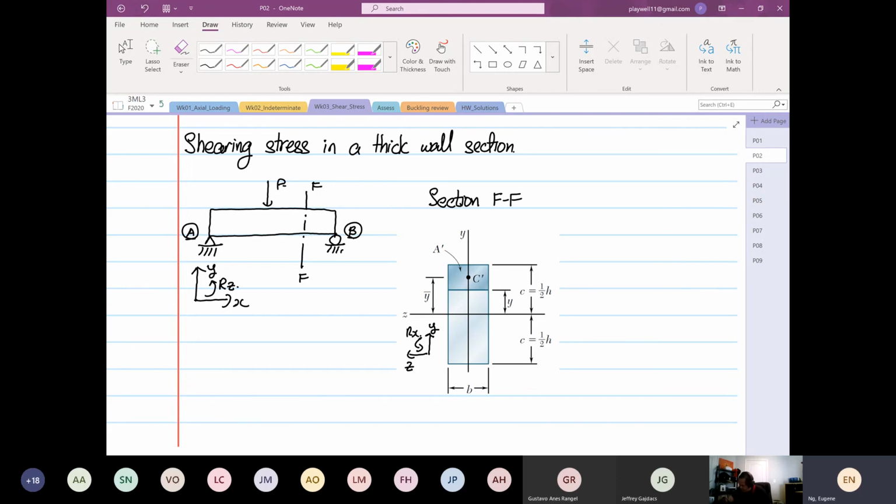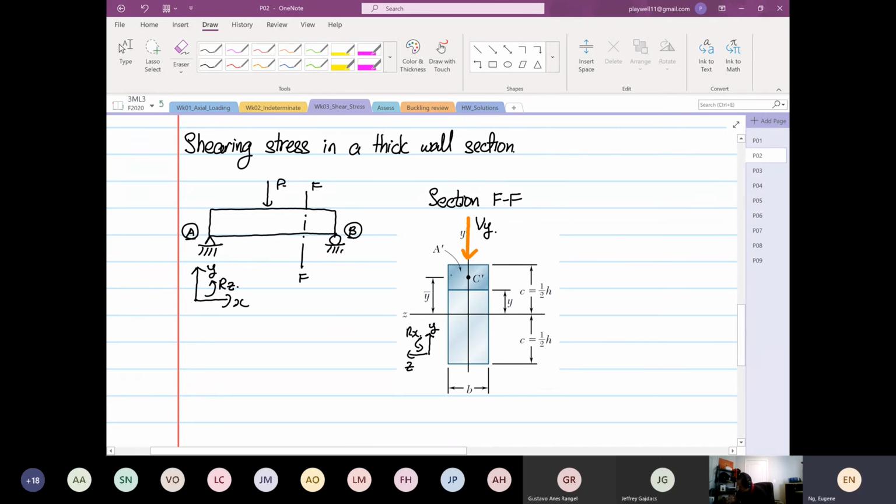I'll use a different color. So this will come down in a VY direction.